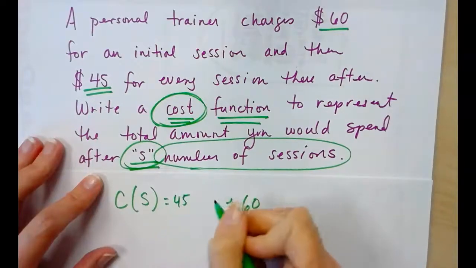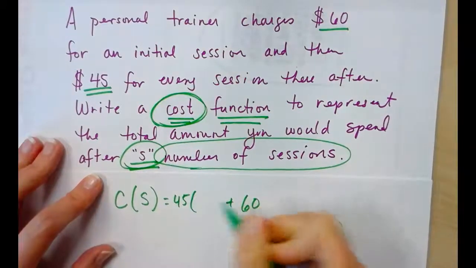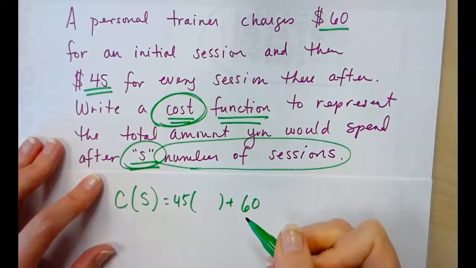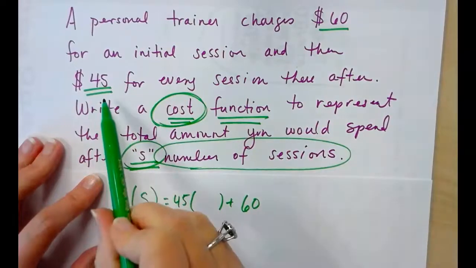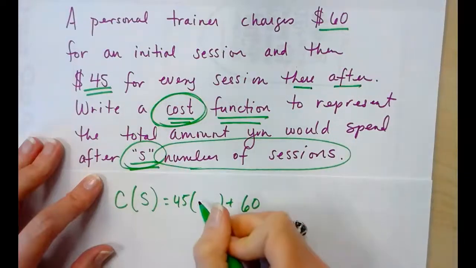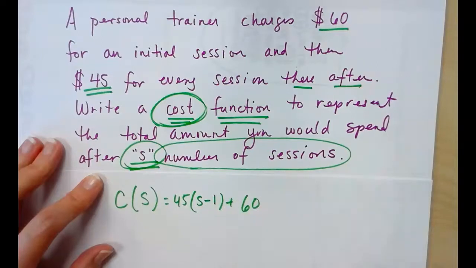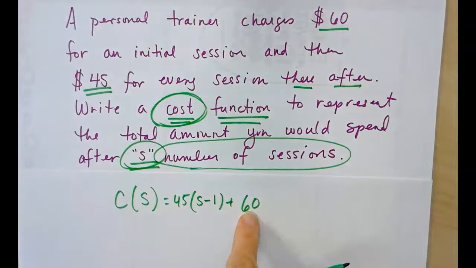So 45 times S, well, think about it. The number of sessions has to include the one we're paying 60 for. So when we put in our variable here, if it's $45 for every session thereafter, we have to say the number of sessions minus 1, because the first session is $60.